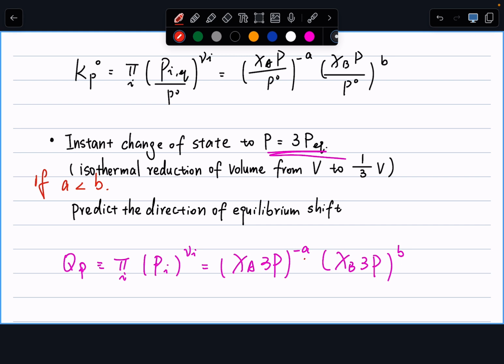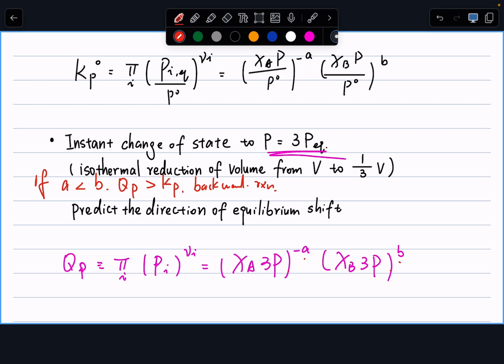So A is smaller than B. What we're saying is this one is changing smaller than the one on the top. All right, so my Qp will be larger than Kp, suggesting a backward reaction. And vice versa.